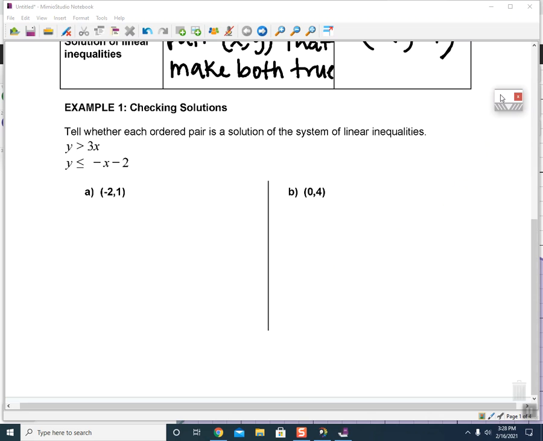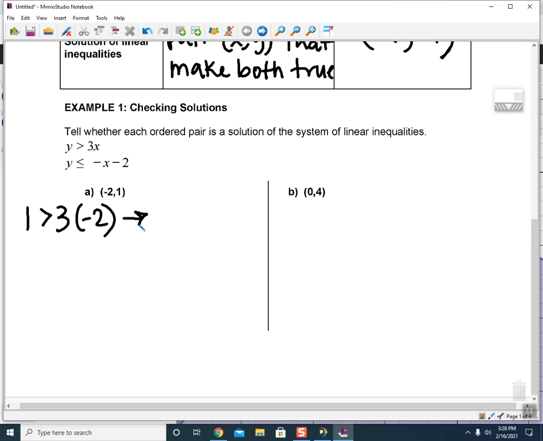So this is asking me to tell whether each ordered pair is a solution of the system of linear inequalities. The way I figure out if it's a solution or not, I plug in x and y to both inequalities. If it comes out true for both, then I'm good to go. So I have -2, 1. So I'm going to do 1 is greater than 3 times -2.